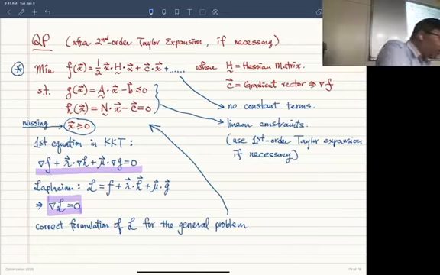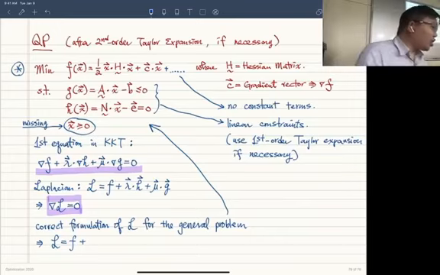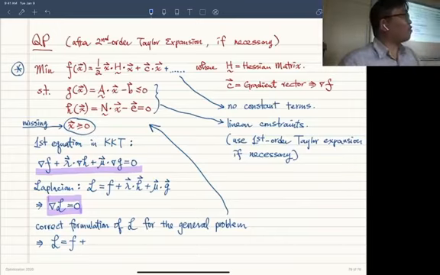It should be written as Lagrangian equals f plus a bunch of constants. If I use lambda and mu, and I need a new Greek symbol for a new term, there will be too many Greek symbols.